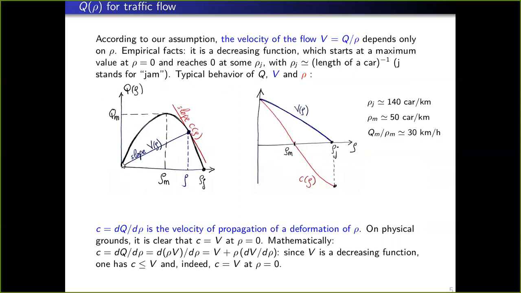At rho equals 0, it coincides with the initial V, and then it's always decreasing, cancels at rho m, and gets negative there, right?